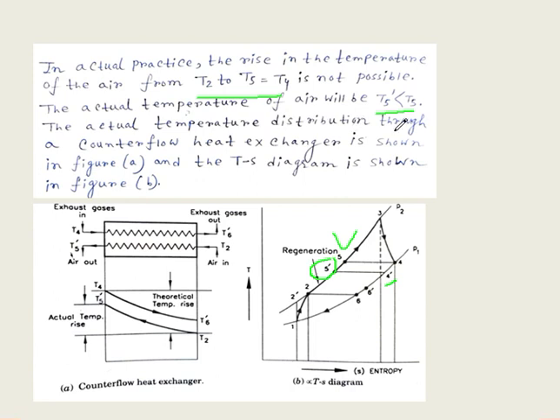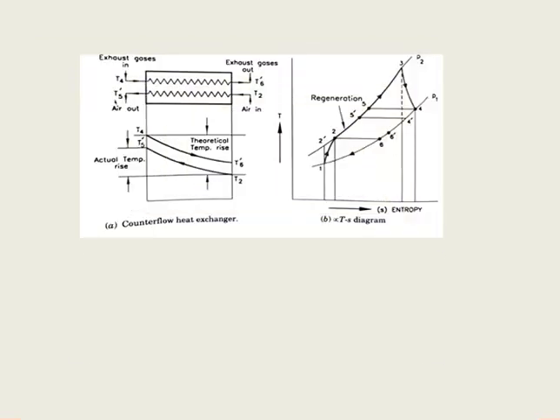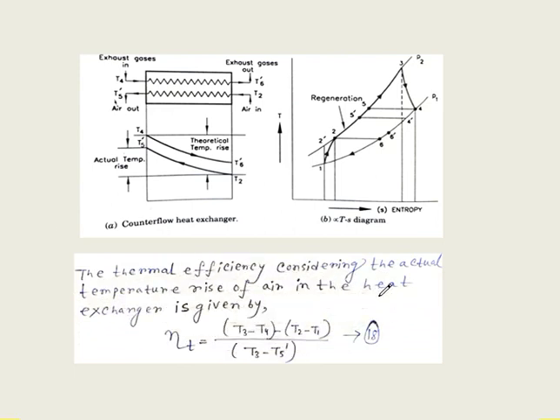The actual temperature distribution through a counterflow heat exchanger is shown in this figure, and corresponding temperature entropy diagram is also shown in this figure. The thermal efficiency considering the actual temperature rise of air in the heat exchanger is given by this equation: eta th is equal to (T3 minus T4) minus (T2 minus T1) by (T3 minus T5 dash). This is equation number 18.